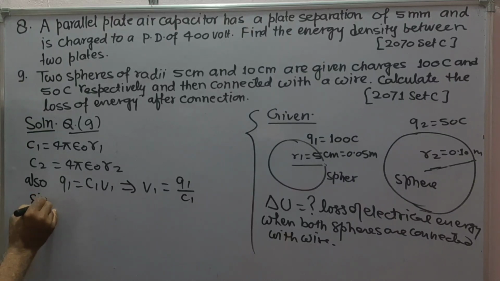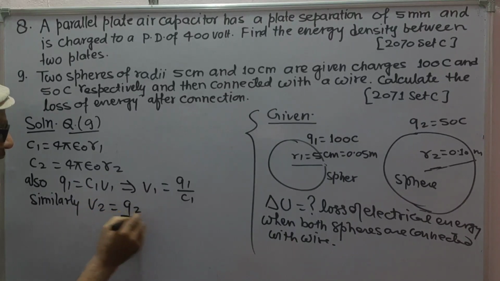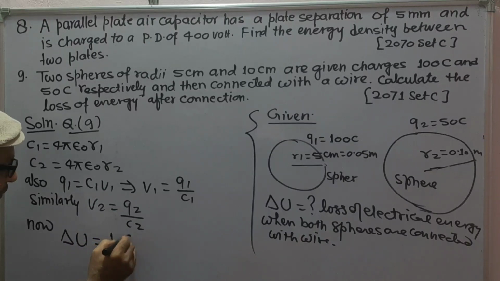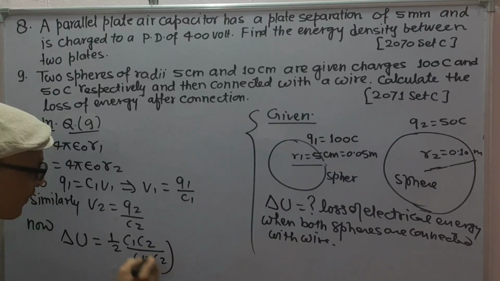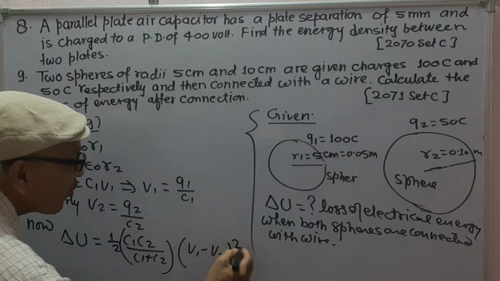Similarly, V2 will be equal to Q2 upon C2. Now, loss of electrical energy is given by 1 by 2 C1 C2 upon C1 plus C2 into V1 minus V2 whole square.